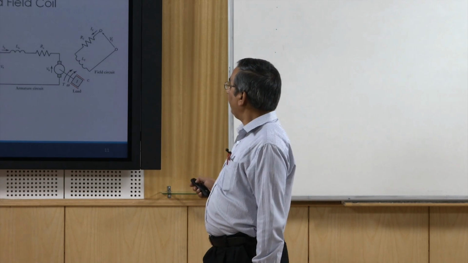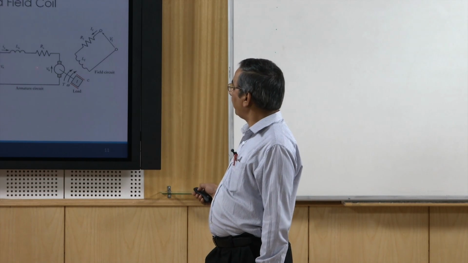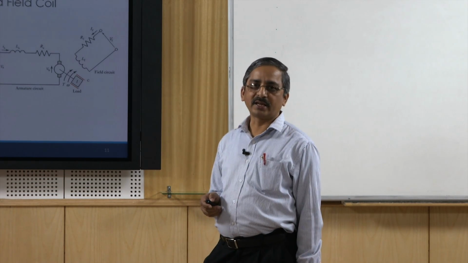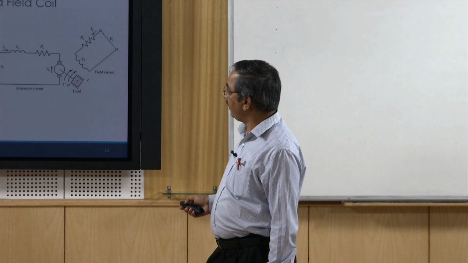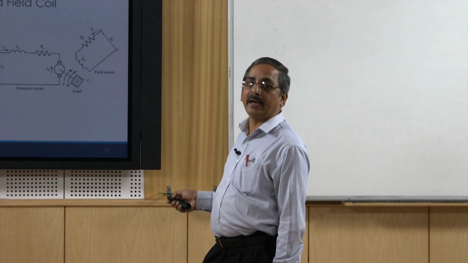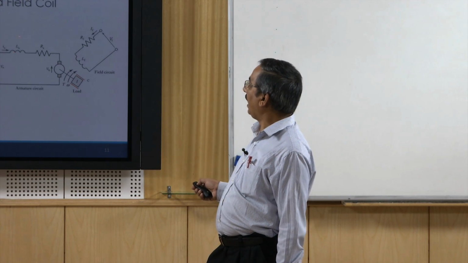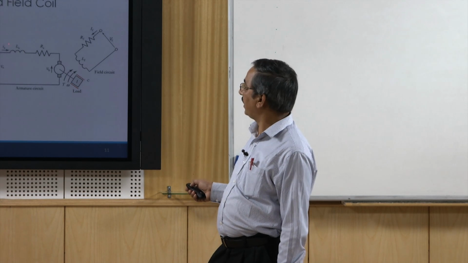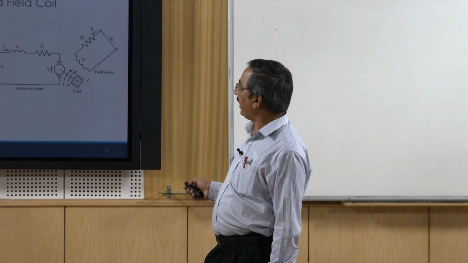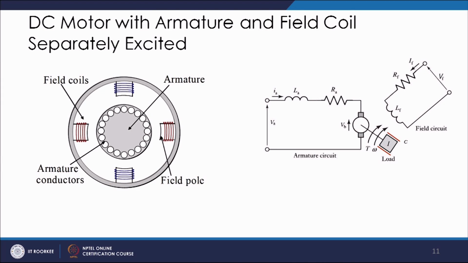And this shows the schematic for the armature circuit. The armature conductors here will have a certain inductance, say LA. Basically the A subscript is used for the armature and the F subscript is used for the field.